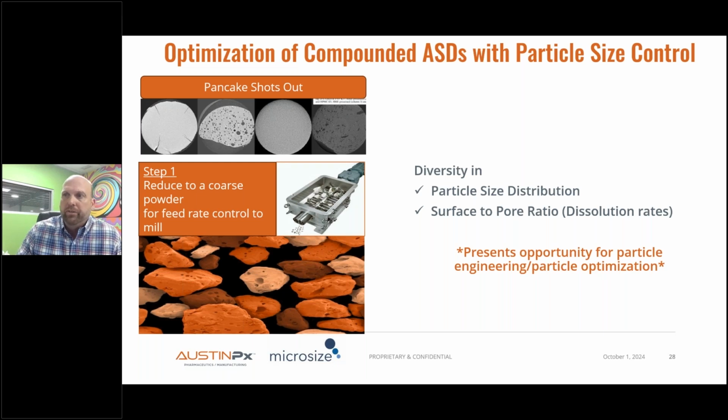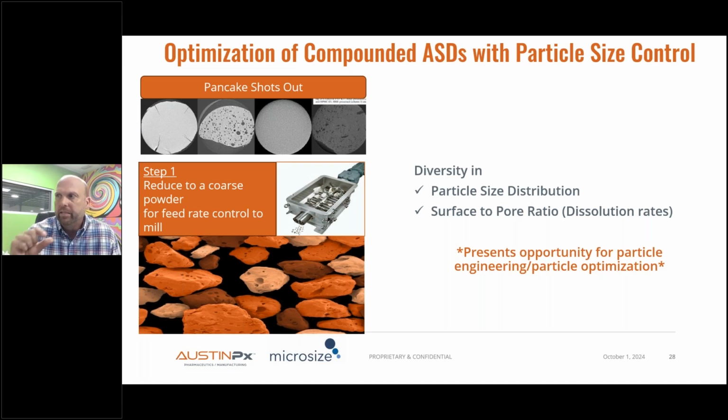So the first step would be to take that pancake shot that Justin described and turn that into a powder using just a simple delumper or jawbreaker type milling operation to get you out of a solid and into a diverse PSD powder.